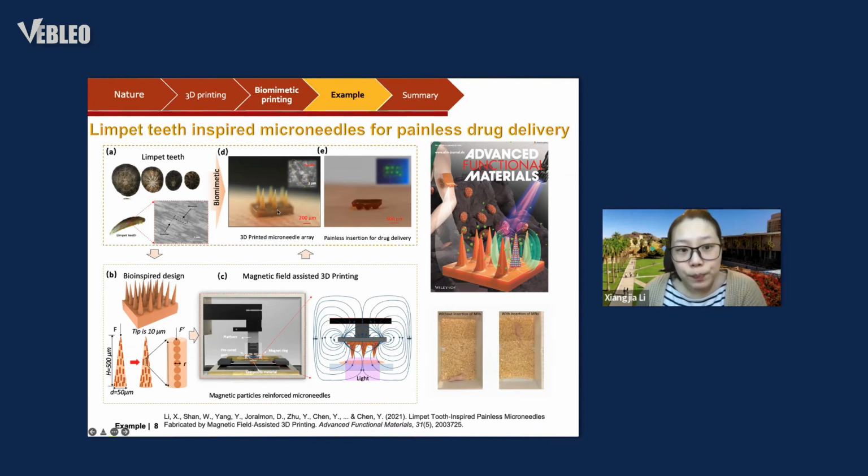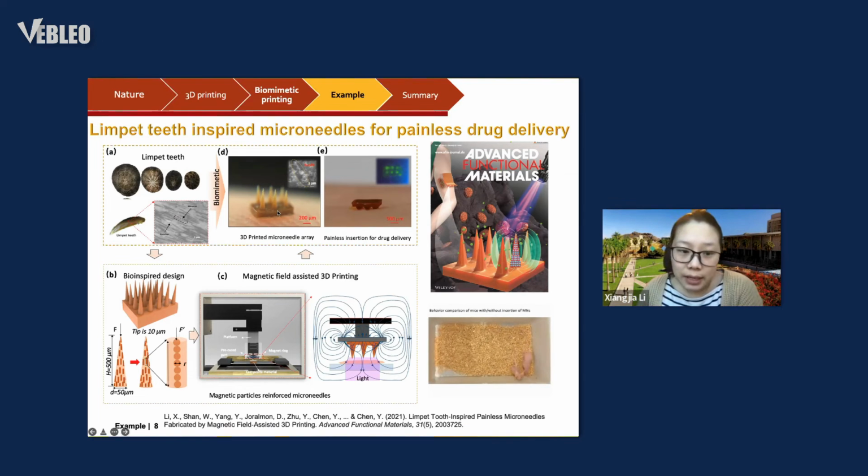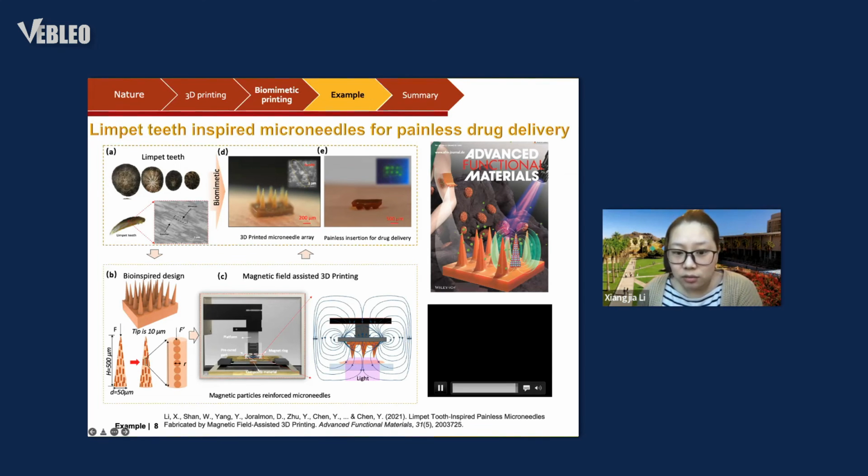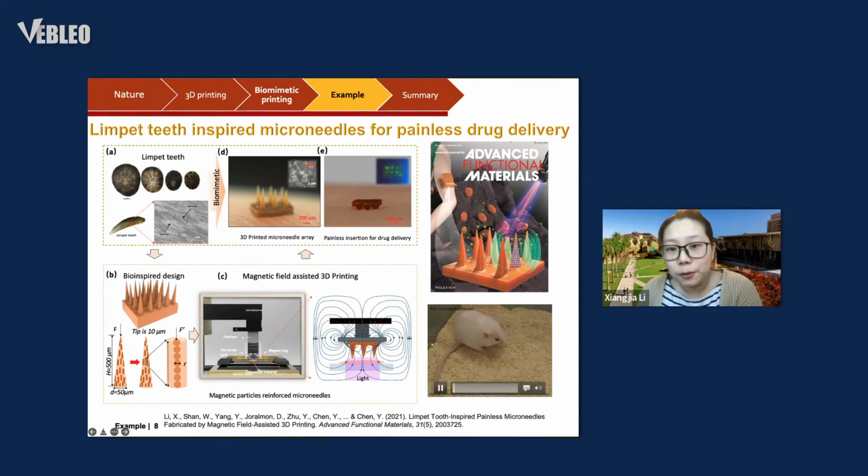And the 3D printed microneedle exhibits very strong mechanical performance. So when we insert it on the surface of a mouse, it cannot feel any pain, and also it can be worn for a long term.